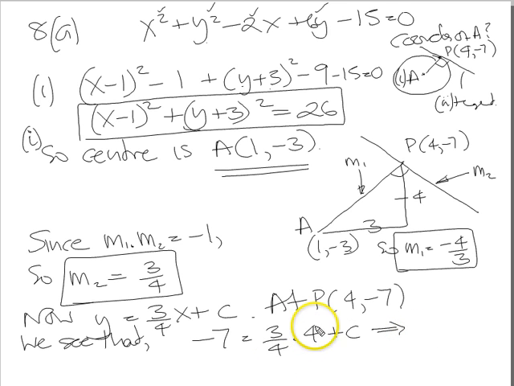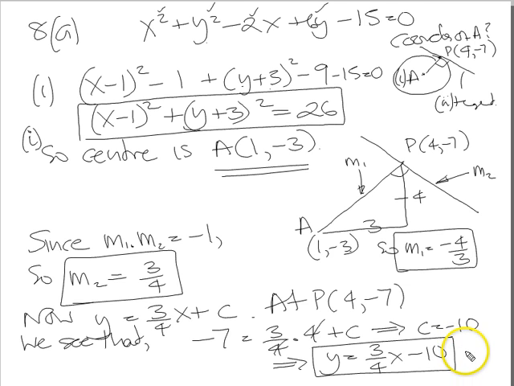So the 4's cancel. 3 comes over, c is minus 10. So that implies then y equals 3/4 x minus 10. That's the equation of the line at P, and that's the tangent, isn't it? The tangent line at P.